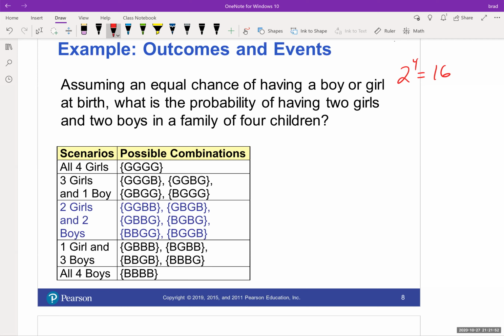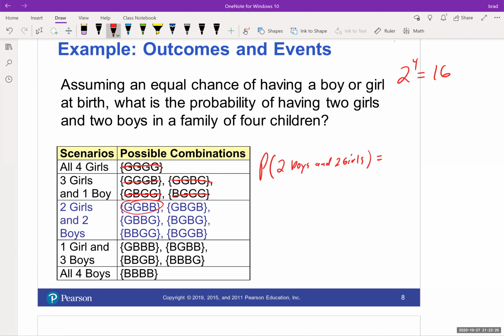All right. And now what we're looking for is the probability of 2 girls and 2 boys. Okay. So what we're going to do is look for all the situations that have an equal amount of boys and girls. So this one's out, this one's out, this one's out, this one's out, and this one's out, right?